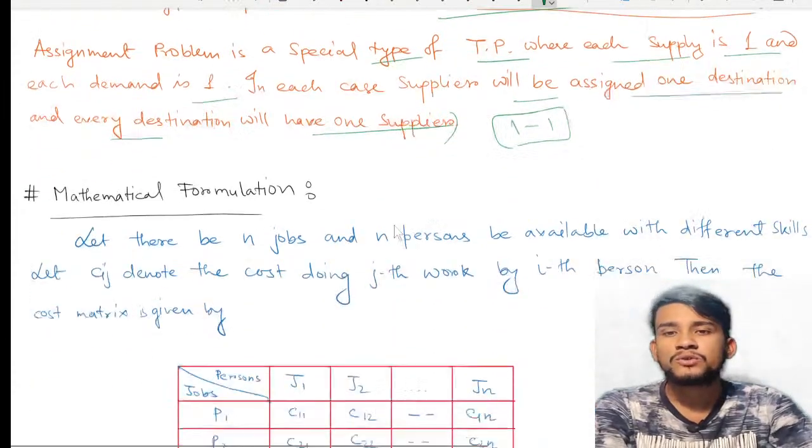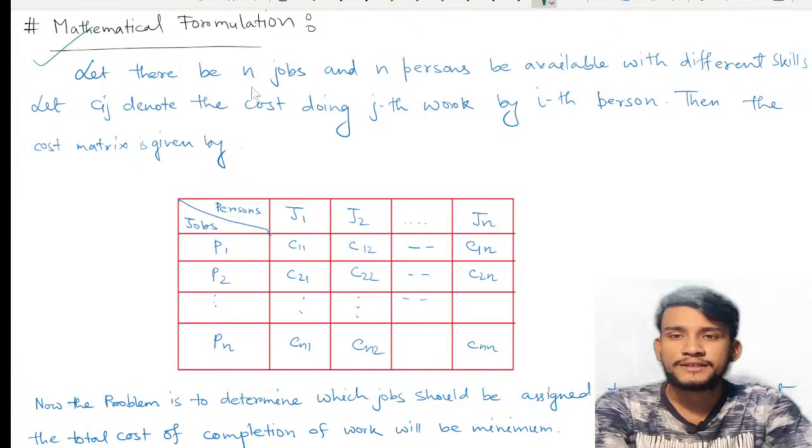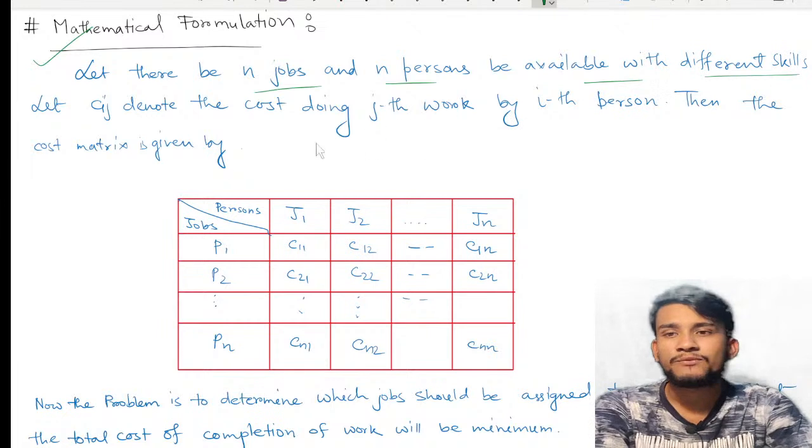Let's see the mathematical formulation. Let there be n jobs and n persons available with different skills.